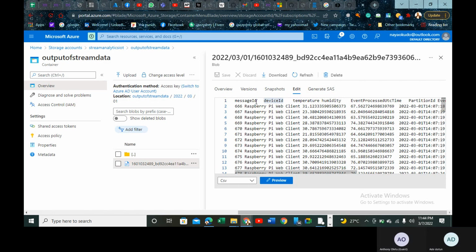So the message ID, these are the messages. Then you look at device ID.